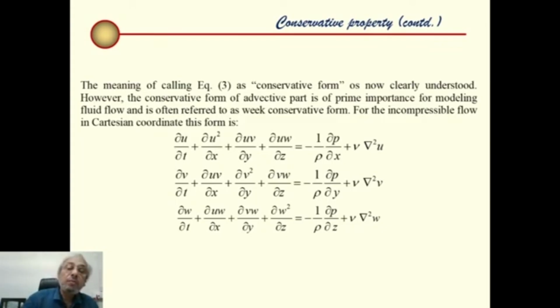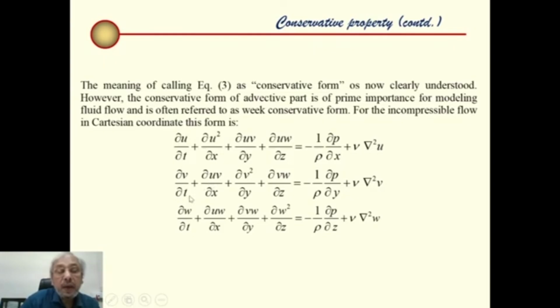So instead of writing del u del t plus u del u del x plus v del u del y plus w del u del z equal to minus 1 by rho del p del x plus nu grad square u, we can write it in this way: del x of u square, del y of uv, del z of uw.